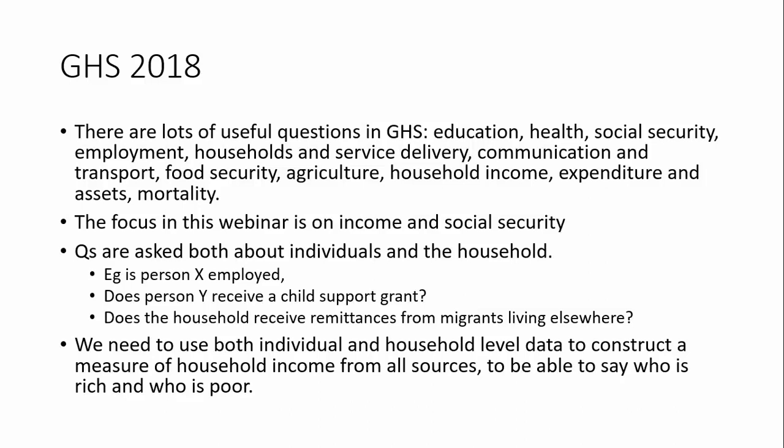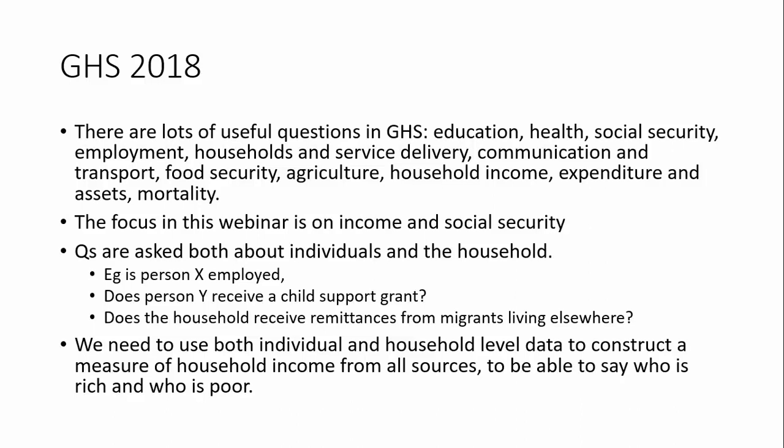There are questions about education of household members, health of household members, social security and grant access, who's employed and what type of employment they have, what kind of service delivery the household receives from the state, questions on communication, transport that I've done some work on, food security, agriculture, and importantly for us, household income and expenditure.